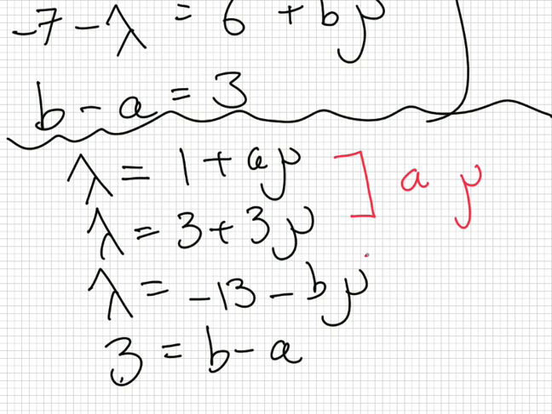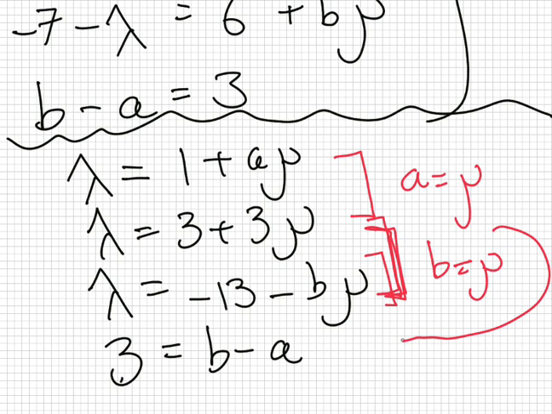And then what's in this equation? I could put these together, and I'd be left with B and mu. Then I could get A equals and B equals from my two answers, and put them into this one, and then what would be in this one? Just mu. So let's do that.